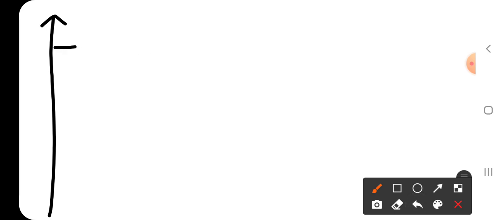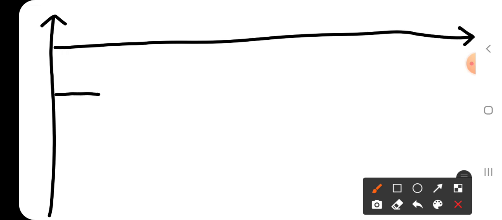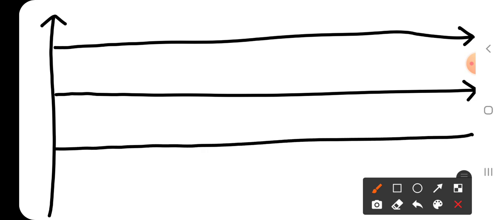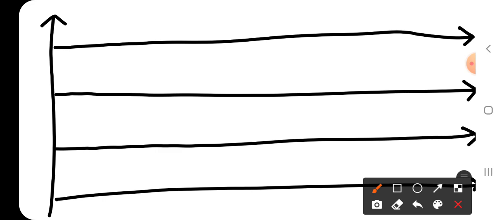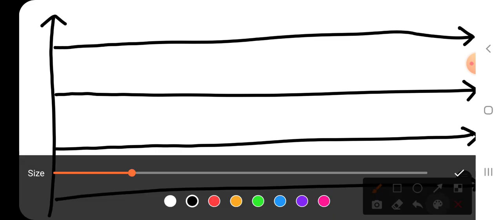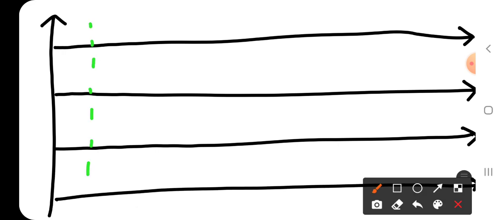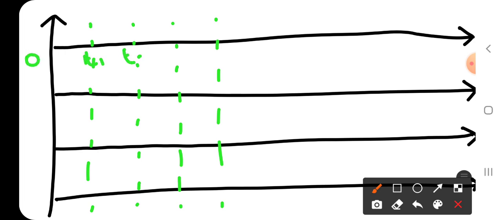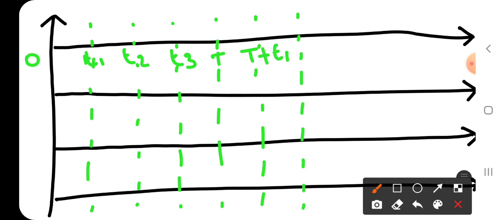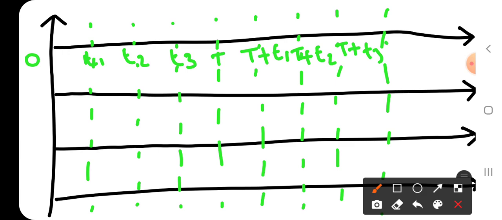Yes, I will draw again. First I have taken 0 to T1 and this is T2, T3, T. Again this is T plus T1, T plus T2, T plus T3, 2T.